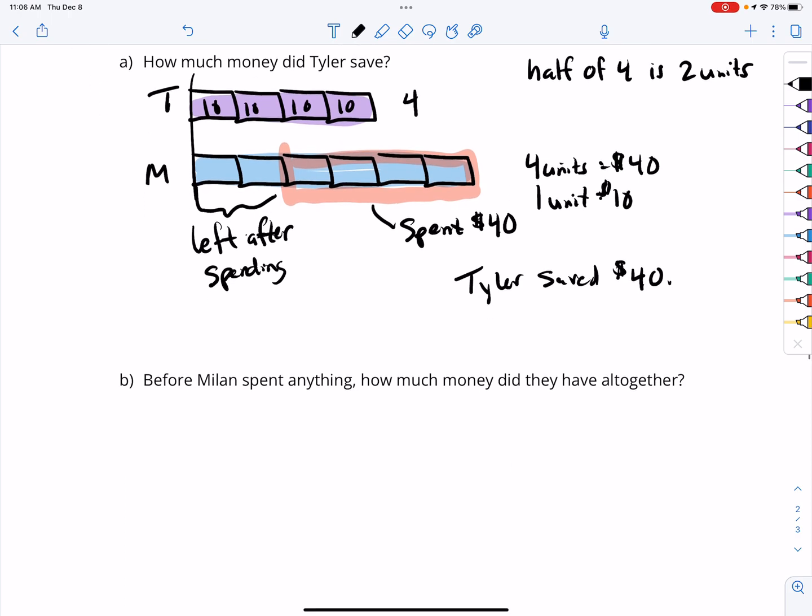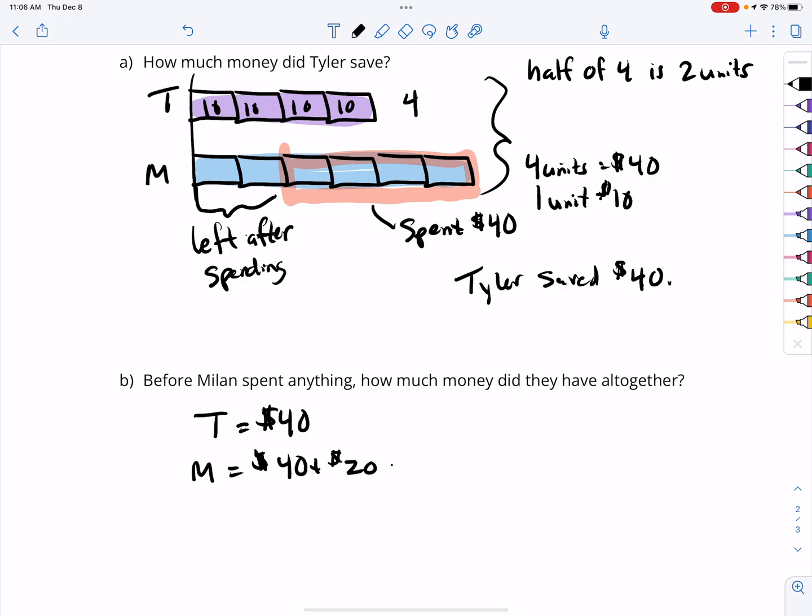So before Millen spent anything, how much money did they have altogether? So that is all of this here. So if Tyler had $40, Millen had that $40 that he had spent, plus those $20 that he had left over, which is $60. So altogether, they had $100.